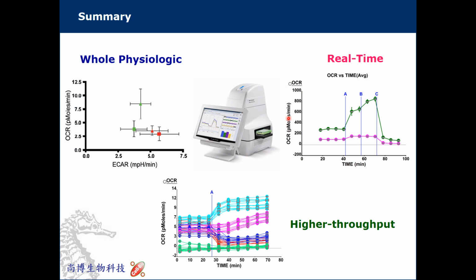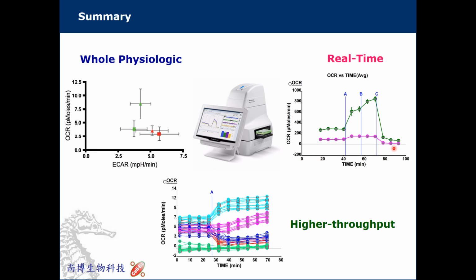This instrument is very unique for whole cell metabolism measurement. We see mitochondria and glycolysis at the same time. It is very important to see these two parameters at the same time because they produce ATP together. If mitochondria change, it will also affect ECAR, and vice versa. So make sure to measure them at the same time, not individually, not separately.